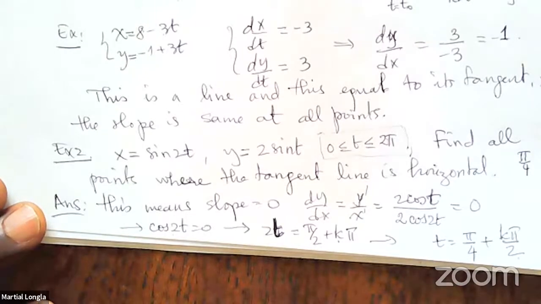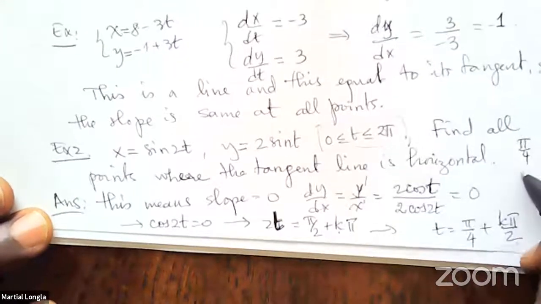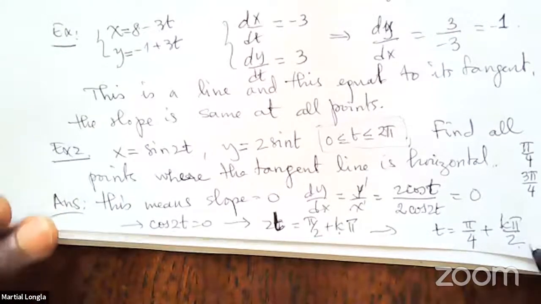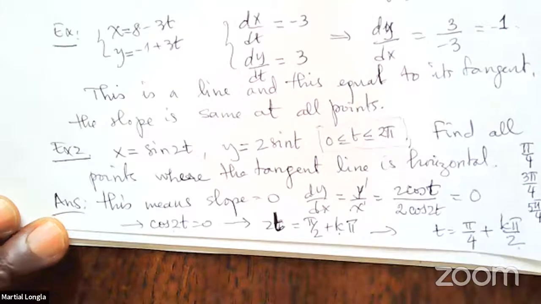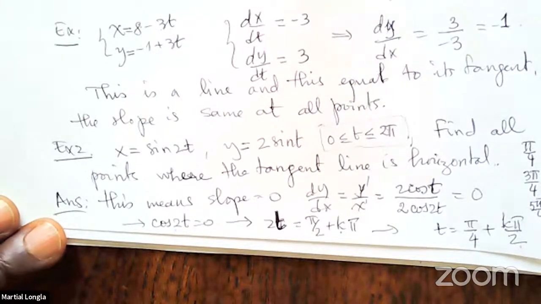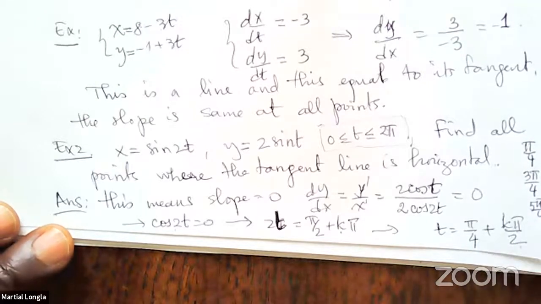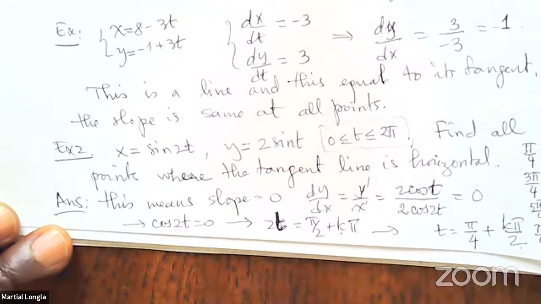That's the first. k equals 1: pi over 4 plus pi over 2, that's 3 pi over 4, still between 0 and 2 pi. k equals 2: pi plus pi over 4, that's 5 pi over 4, still between 0 and 2 pi. k equals 3: 3 times 2 is 6, and 1, 7, so we get 7 pi over 4, also between 0 and 2 pi.